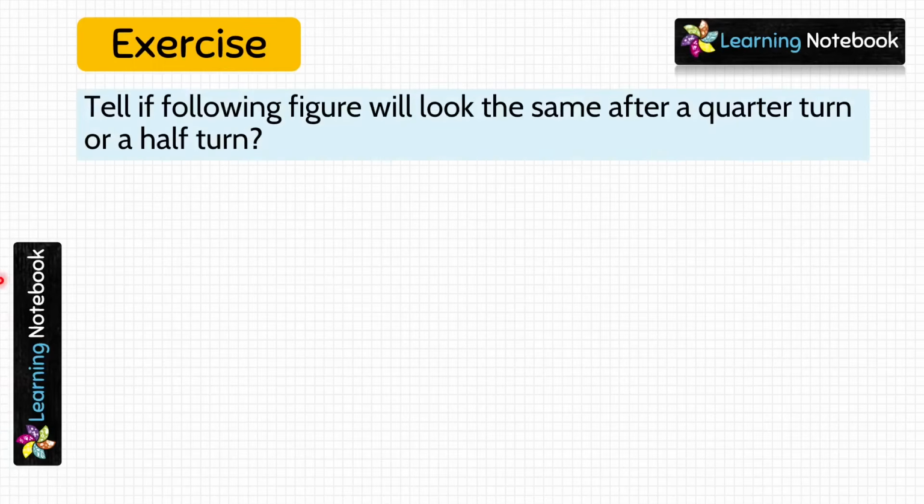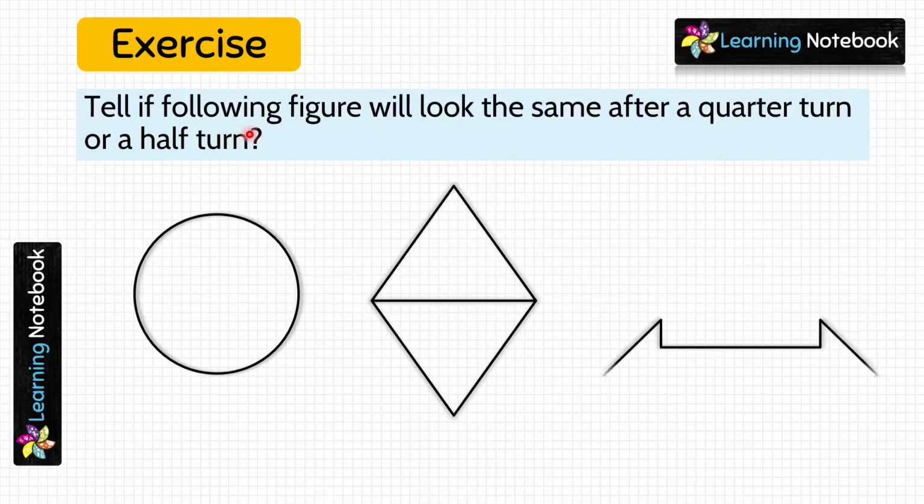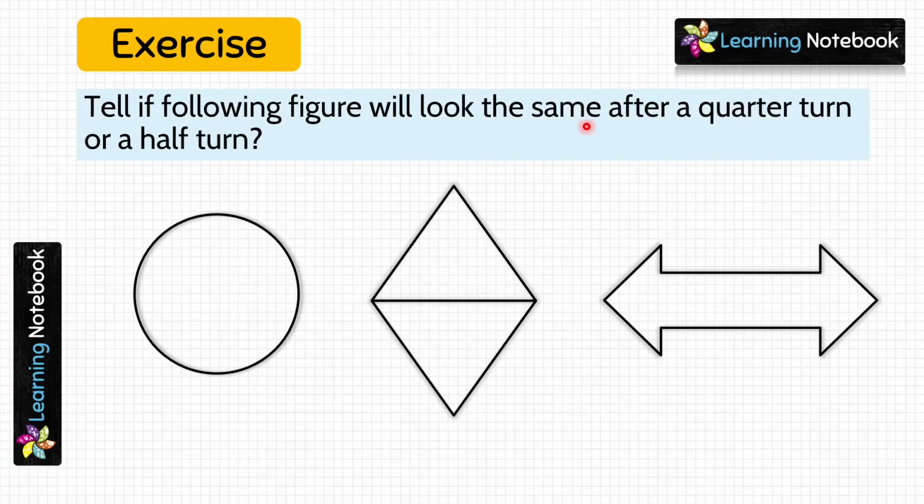Let's do a question. Tell if the following figures will look the same after a quarter turn or a half turn. So here students, we are given these three figures and we have to tell whether they will look the same. That is, will they be in their original position after the quarter turn or after the half turn.